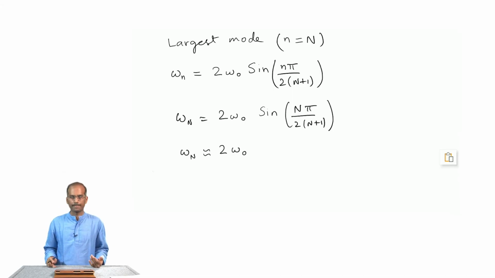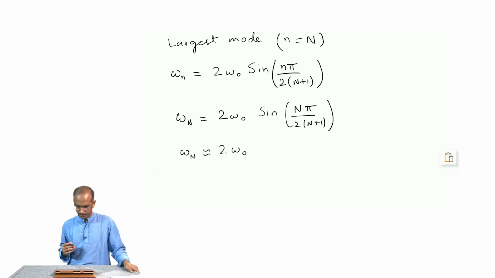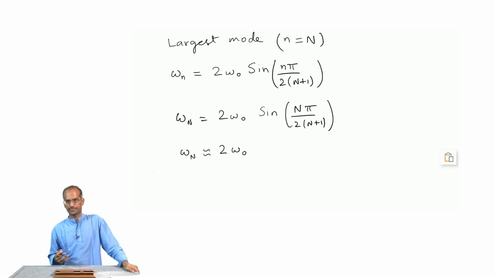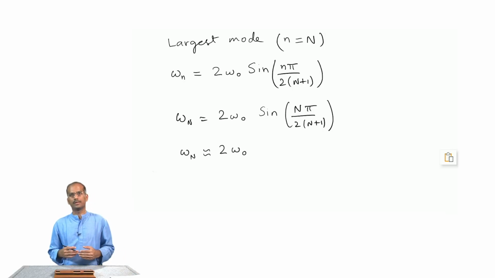Again, this result is reminiscent of what we had seen for the case of transverse waves as well. Even in that case, the largest normal mode frequency was indeed 2 omega 0, twice the smallest frequency of the problem.